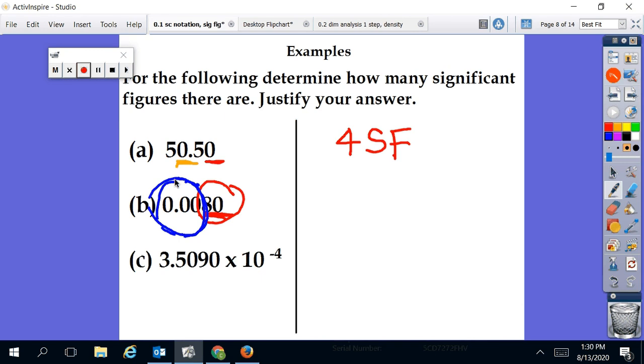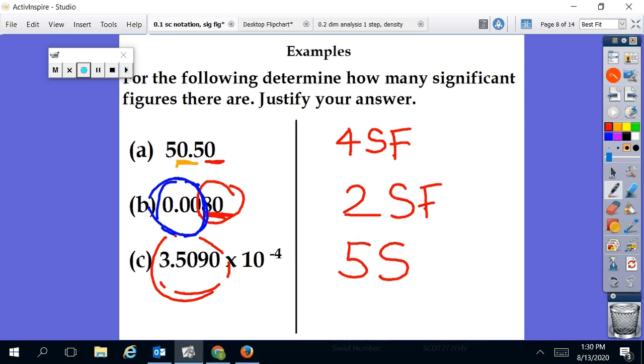Since they're not trailing or sandwiched, those 3 are insignificant, leaving you with only 2 significant figures here. And in this problem here, you have a final 0 and a sandwiched 0, so you have 5 significant figures there. And you ignore the exponent for this problem.